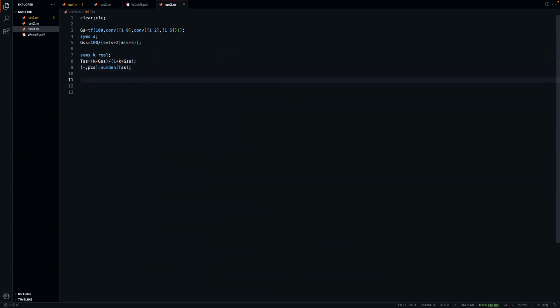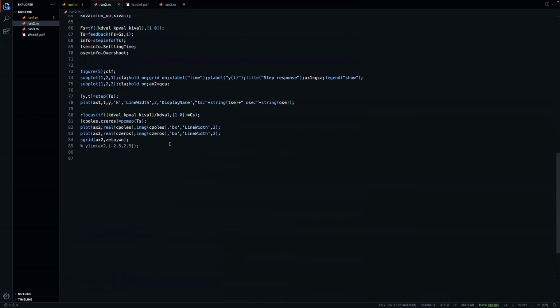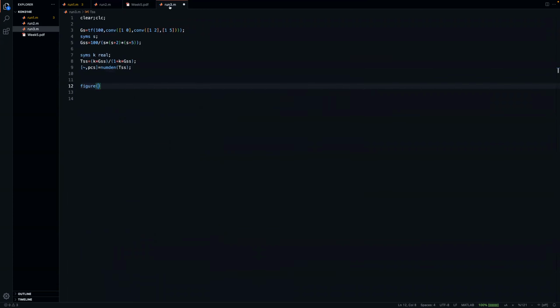We're interested in the point of the root locus, therefore I'm going to also plot the root locus here, in figure 6. We only need the root locus of G(s) actually, but I'm also going to acquire the data numerically here.